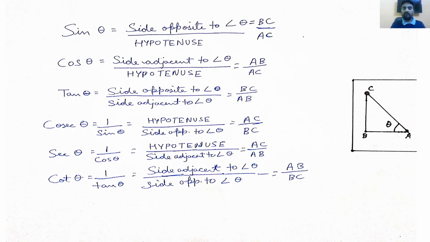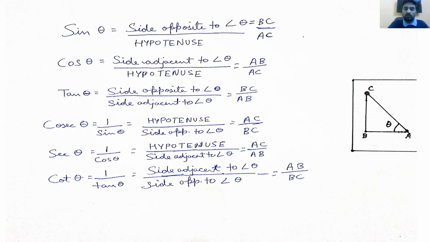Now cot theta is the reciprocal of tan theta, which is the side adjacent to angle theta divided by the side opposite to angle theta. Basically, cosec, sec, cot are the reciprocals of sine, cos, and tan. That's what we have to remember. These are the things that will be useful in our questions.